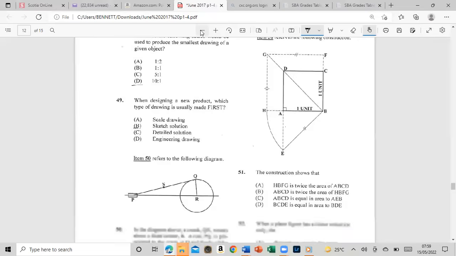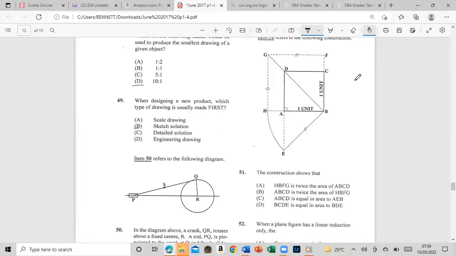All right, so I'm going to small it up so you guys can see both answers and the diagram at the same time. All right, so let's see now. It says construction shows that HBFG, which is outside, is twice the area of ABCD.